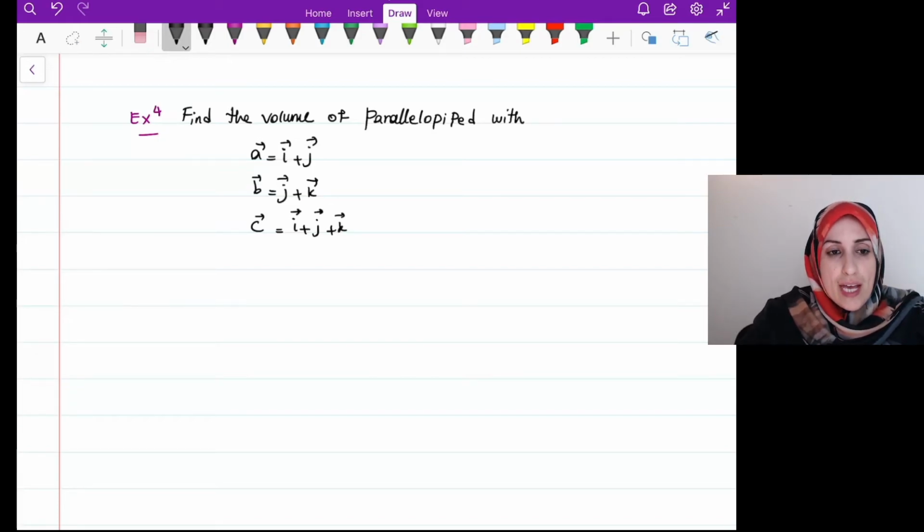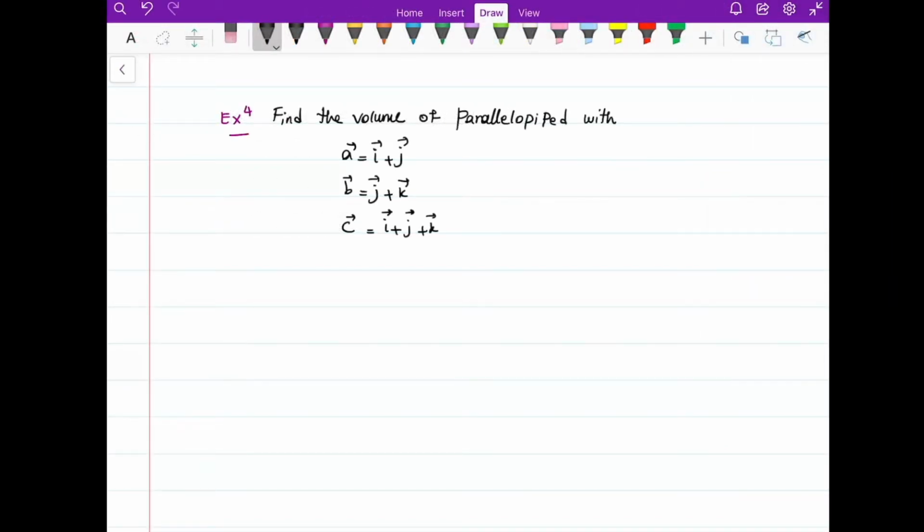The best strategy here is to just calculate it, right? So A dot B cross C is equal to the determinant. i plus j would be 1, 1, 0. j plus k would be 0, 1, 1. And this one is 1, 1, 1.